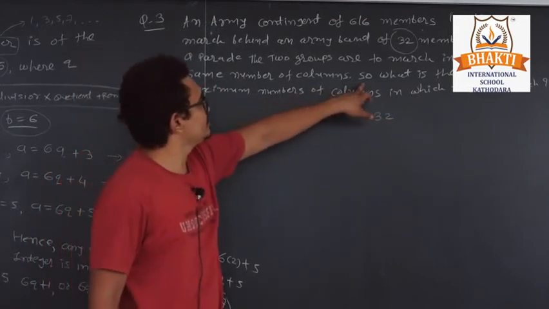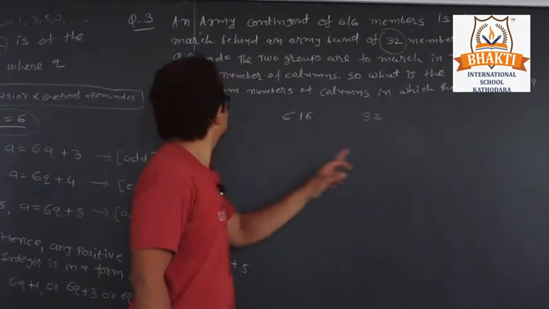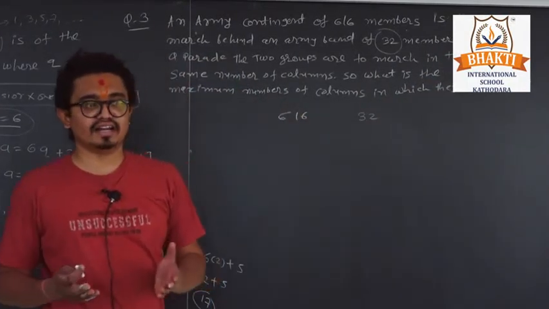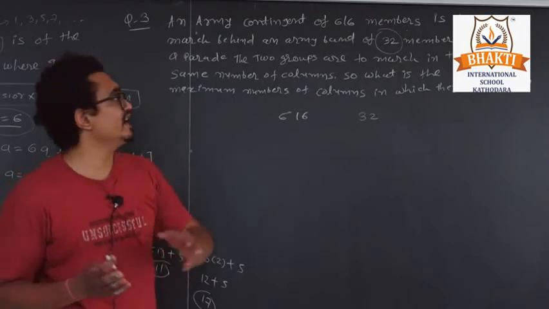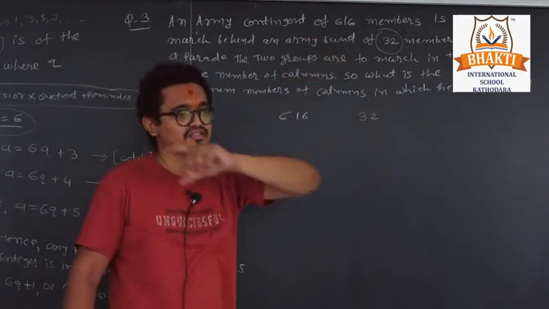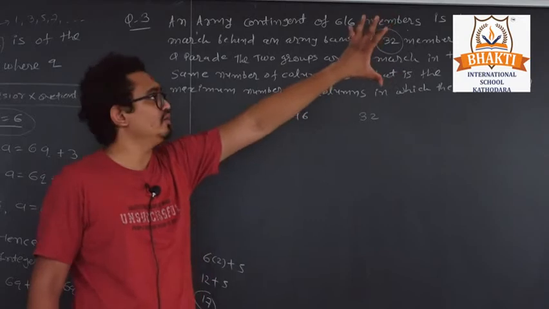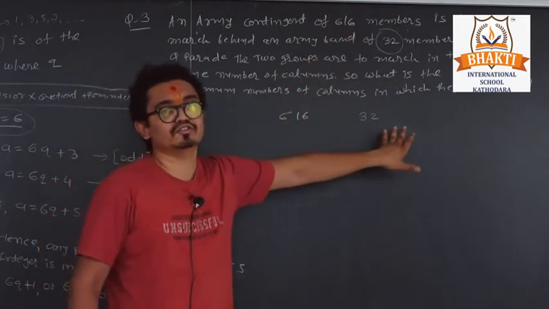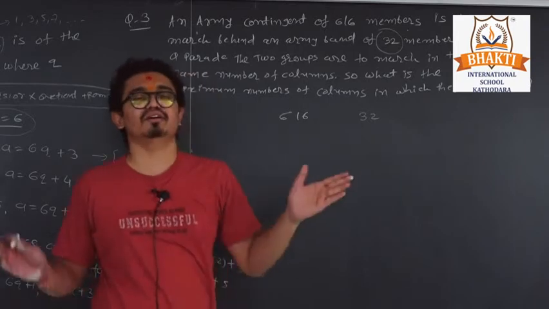Same number of columns. So what is the maximum number of columns? How many columns can we get? So we can arrange these members into the same columns. So the 616 members, we can divide into groups of 32, so they have the same number of columns.